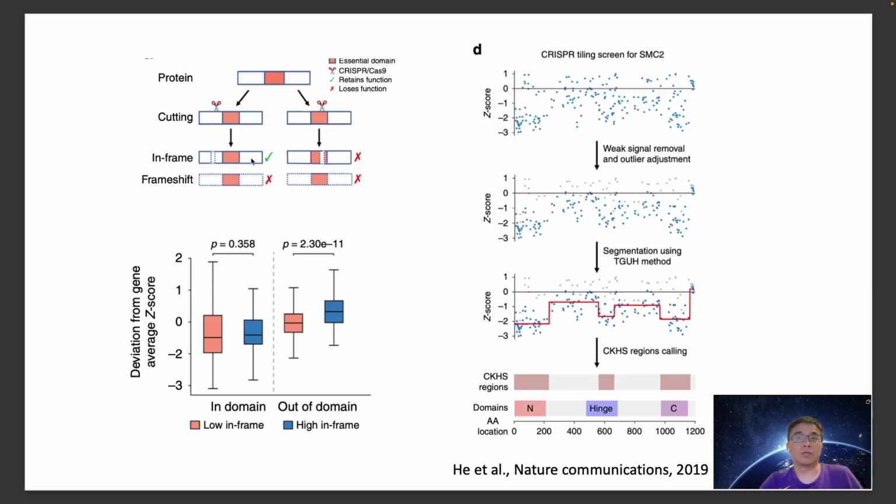As long as there's an indel, it will cause either an in-frame indel or a frame shift indel. An in-frame indel means there is a deletion of 3, 6, or 9 nucleotides, in which case the protein can still express, but it will be missing some amino acids.